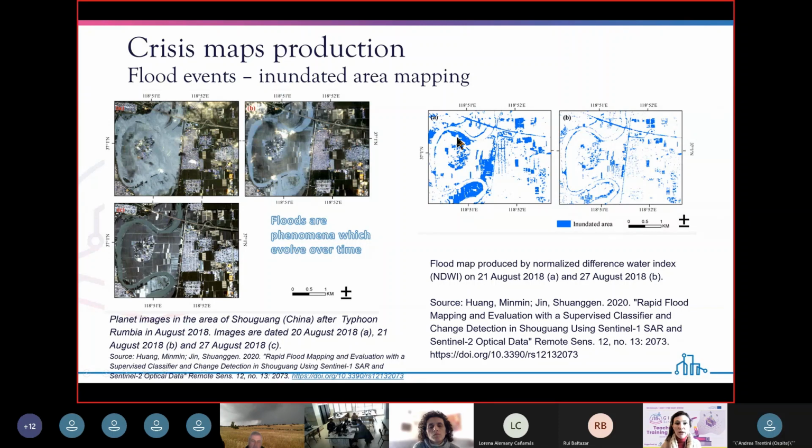With the NDWI, it was marked that these were the flooded areas, which with visual interpretation we could even interpret slightly differently. So again, automatic or semi-automatic processing is a factor which helps the operator, but which cannot substitute the operator.